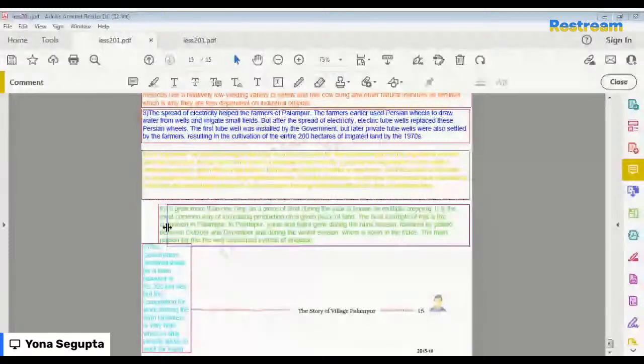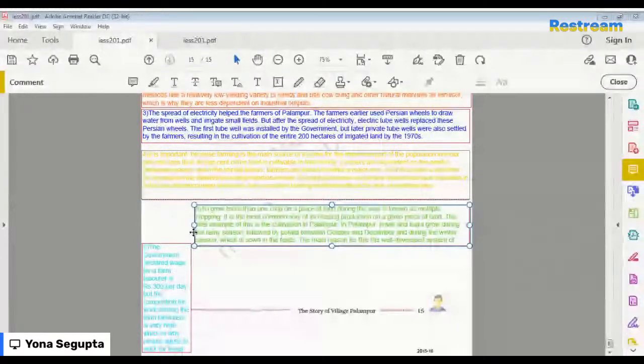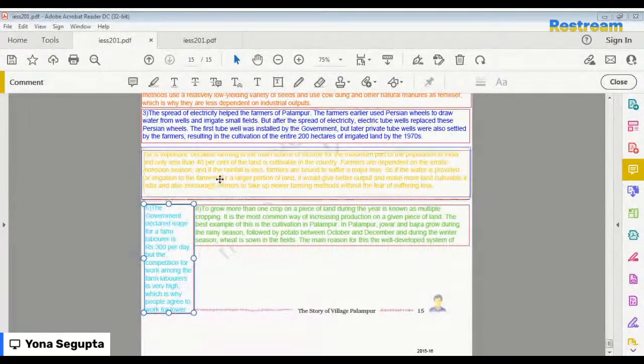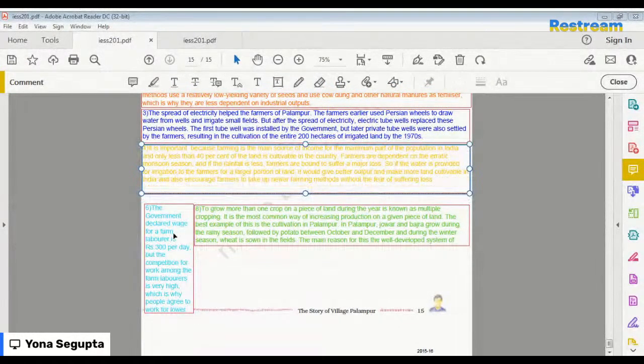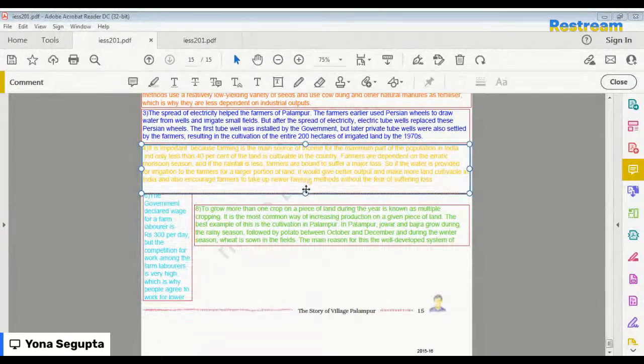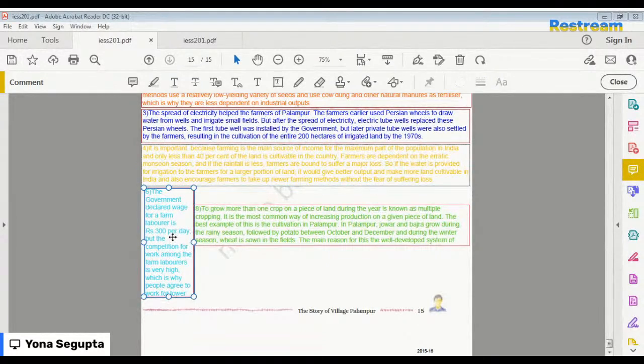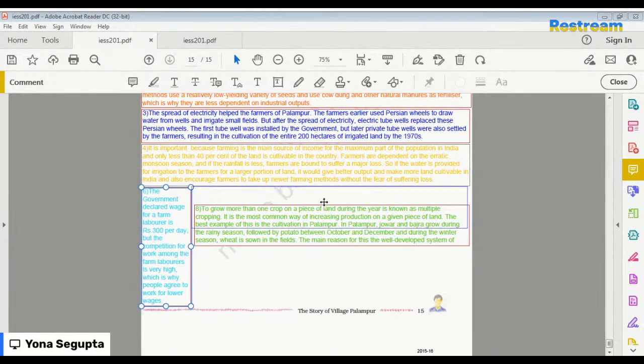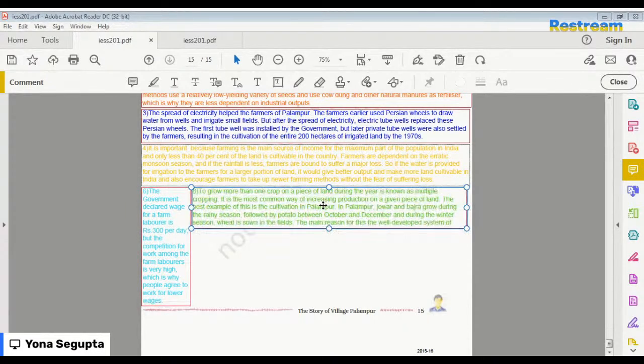To grow more than one crop on a piece of land during the year is known as multiple cropping. It is the most common way. Next is about the examples.